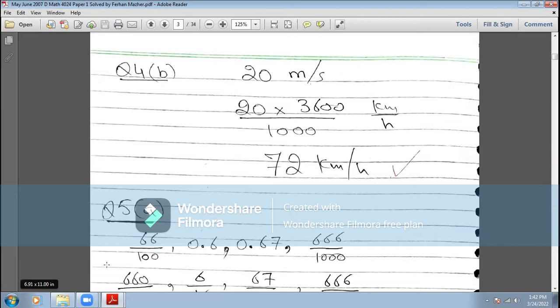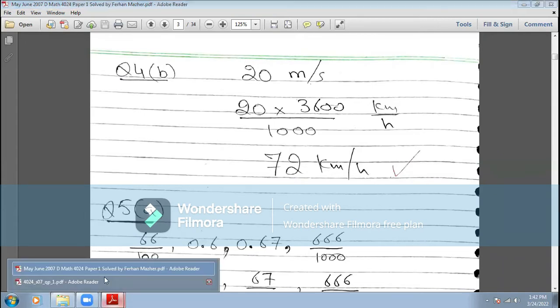So 20 multiplied by 3600 divided by 1000. All the zeros will be cancelled. You will be left with 2 multiplied by 36, and that will be 72. So 20 meters per second is equal to 72 kilometers per hour. So that is question number 4 and its B part.